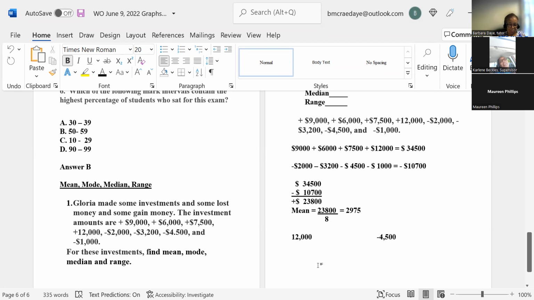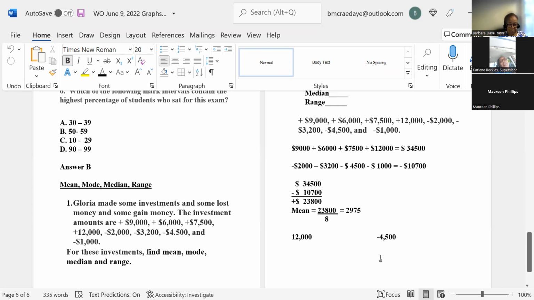So even if it's thousands, -1,000, -2,000, -4,000, smaller. Think about your number line. A -4,500 on the number line would come after a -1,000, just like a -4 comes after a -1. Got it? So your largest number is your 12,000.